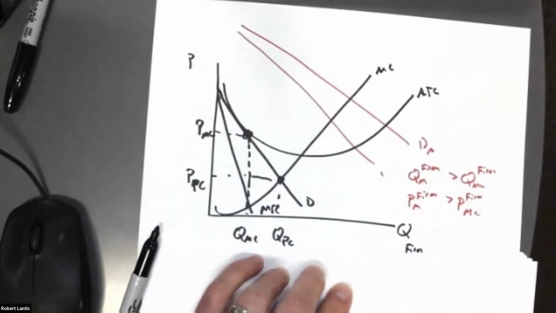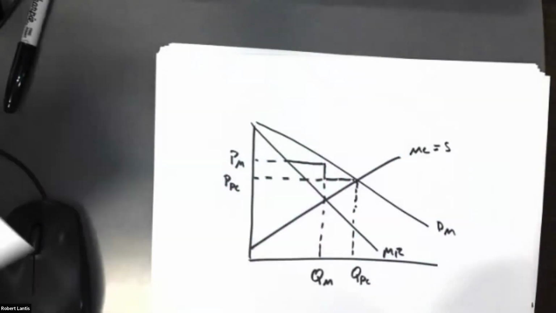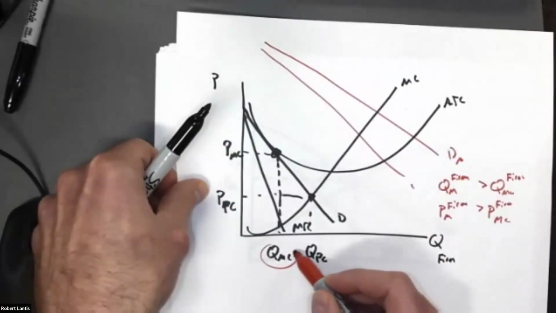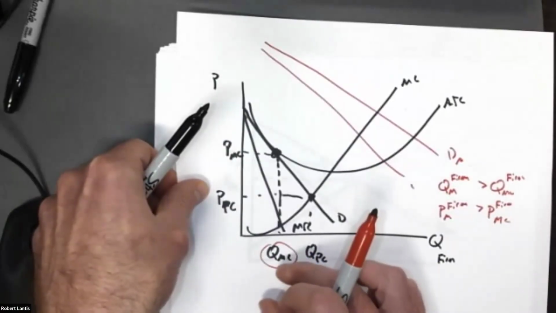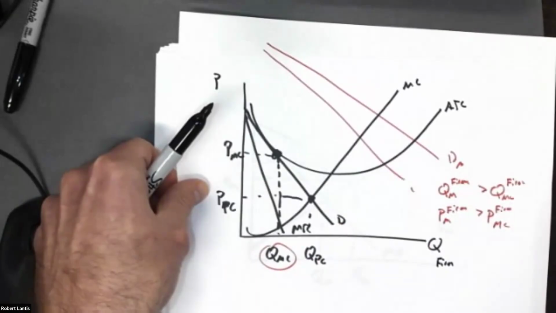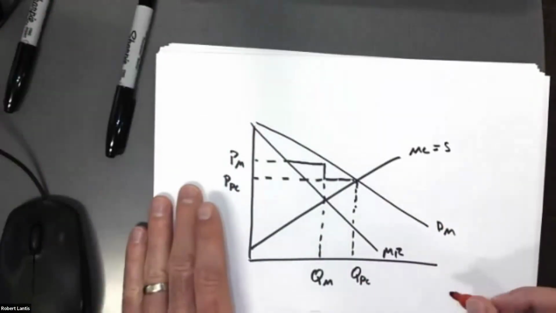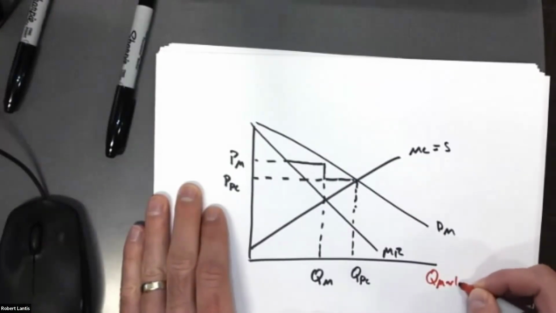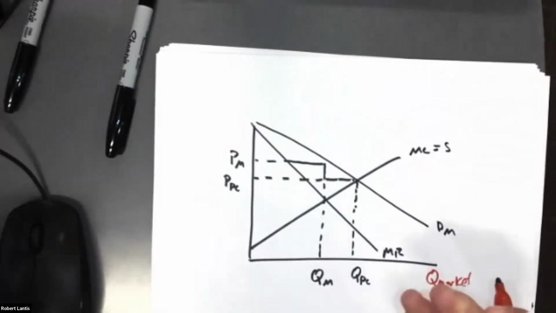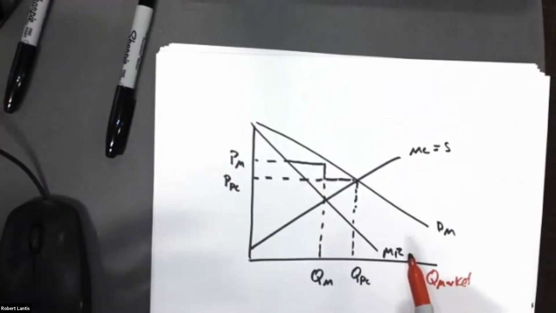Okay. However, if we're comparing the monopolistically competitive market as a whole, what we'd really be doing is taking how much each firm is producing and adding up all of those quantities to get total market supply. So when we're thinking about the entire market, where would the monopolistically competitive firm fall?